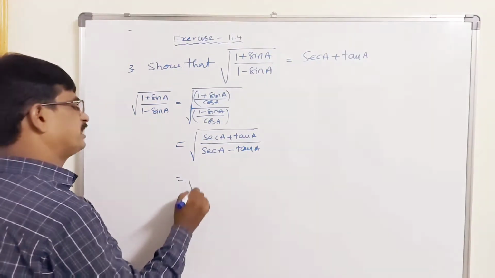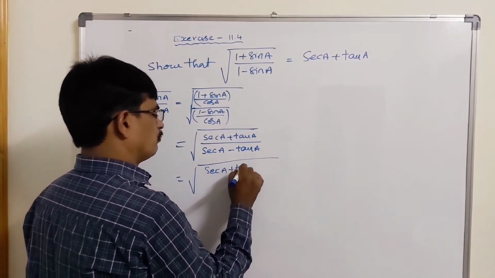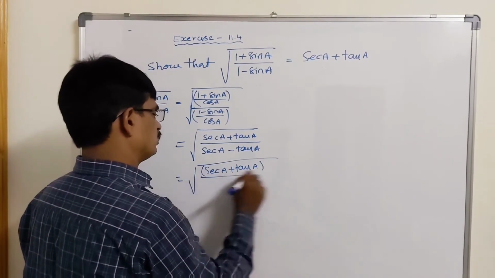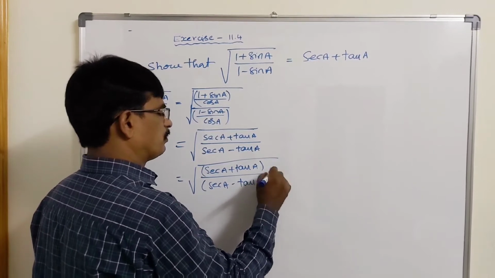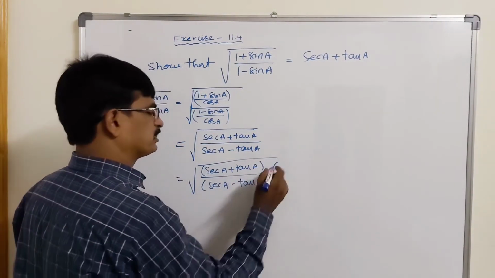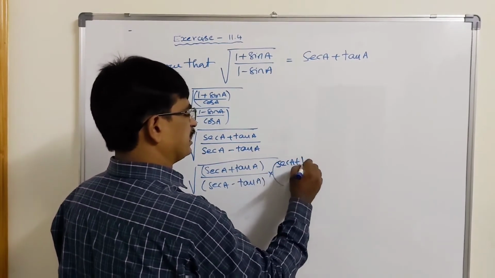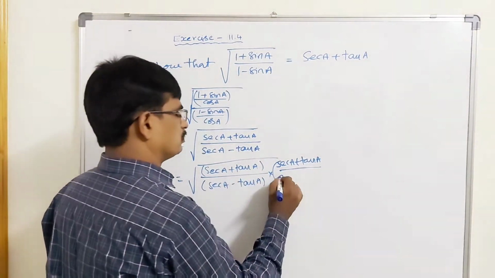Now the numerator and denominator are multiplied by secant a plus tan a. Why? If you multiply the denominator and numerator by secant a plus tan a, what will happen? The denominator becomes 1. How?